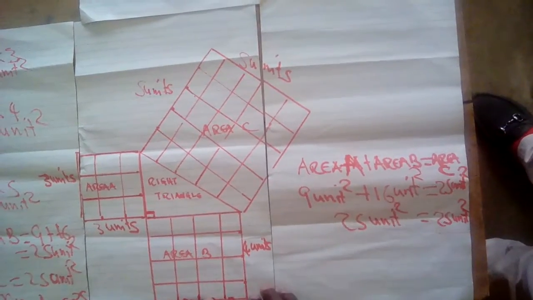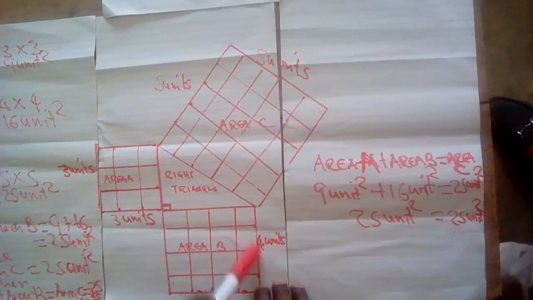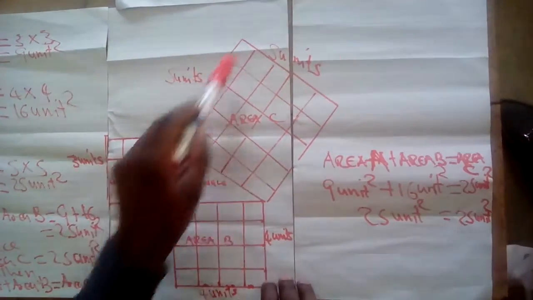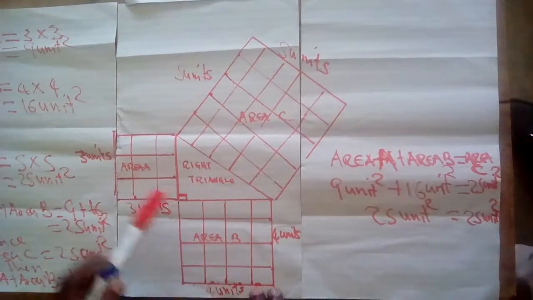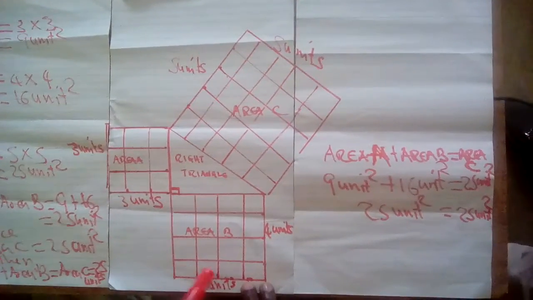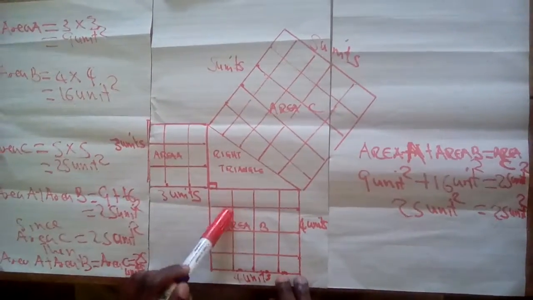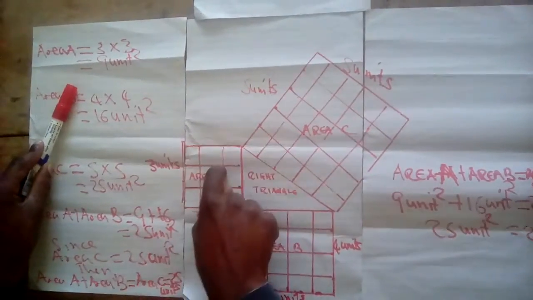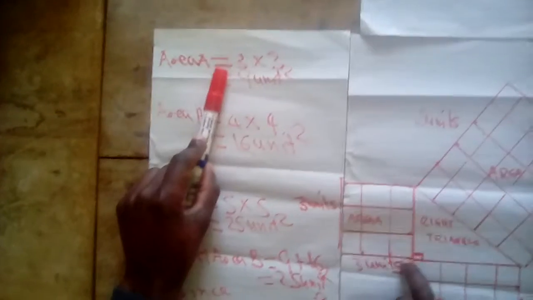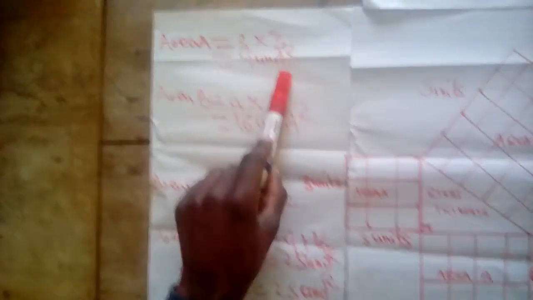Now, you could find the areas of these squares by mathematical calculation instead of counting the number of unity squares in each of them. You could do it this way. Look here. You take area A by taking this length times this length, and you get 9 unity squares.